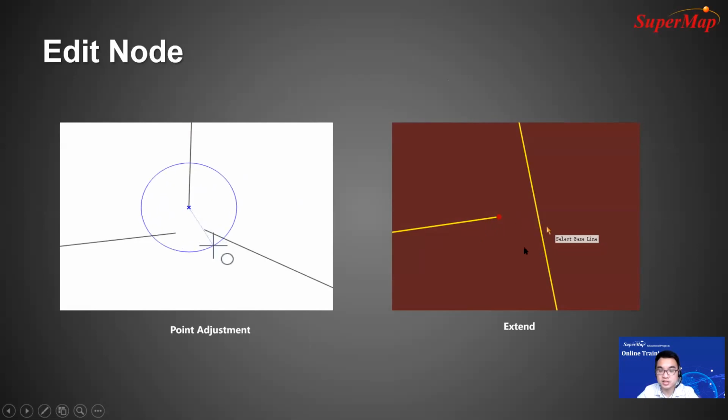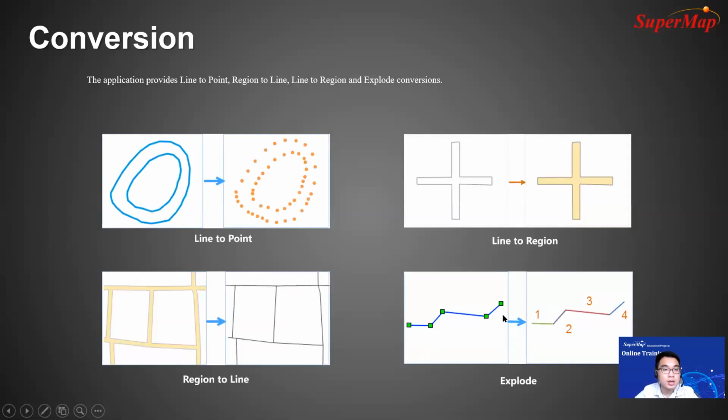We can also extend a node, so we can extend this line and add the node on another line. And the data conversions we saw in the software: line to point, line to region, region to line, explode.